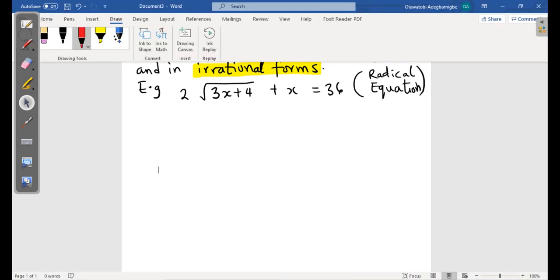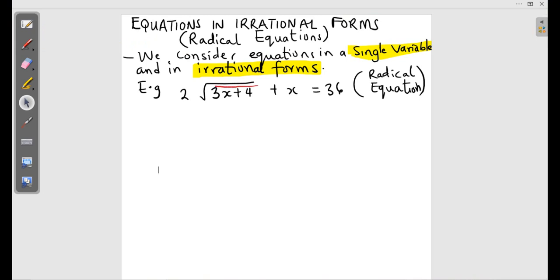Now, the expression inside the square root is what we refer to as the radicand. Please note that that's a very key word there. Not just any expression, but the expression inside the square root is what we refer to as a radicand.